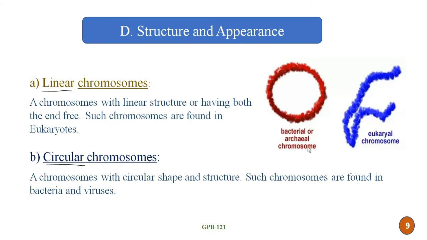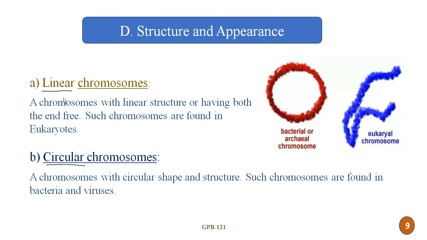So we can see here the bacterial or archaeal chromosome is circular, and the eukaryotic chromosome is linear. Human beings also have linear chromosomes, that means both the ends of the chromosomes are free, while in bacteria or archaea, all organisms have circular chromosomes, that means the ends of the chromosomes are not free, they are in a ring form.